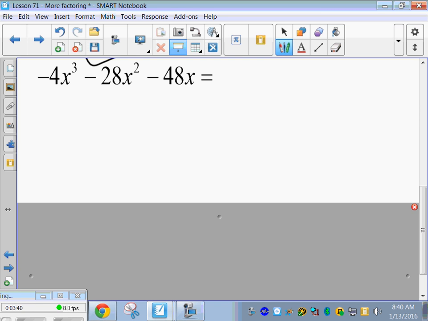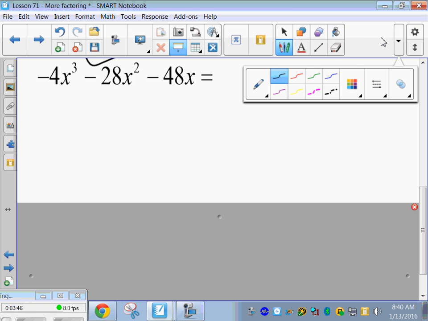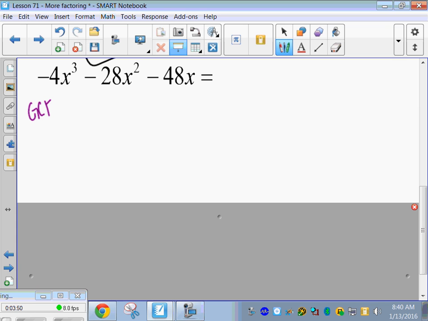-4x cubed minus 28x squared minus 48x. Okay, GCF first. So, GCF. Biggest number that can factor out of all those is what? 4. Okay. What variable is common to all those?